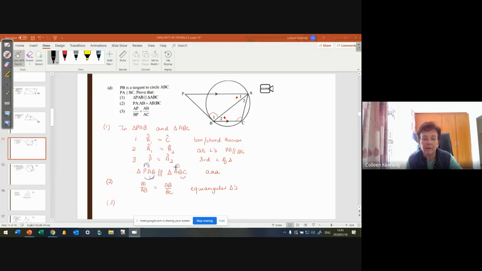Well, what's that going to equal? Well, that's going to equal first and second over first and last. So it's also one line. AP over PB, or BP, same thing, is equal to AB over AC. Okay, I'm allowed to put dittos, you're not. Equiangular triangles.